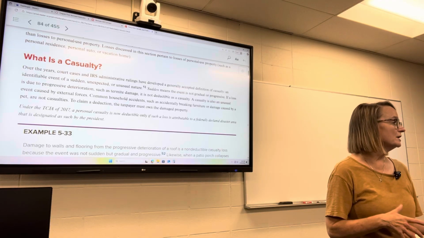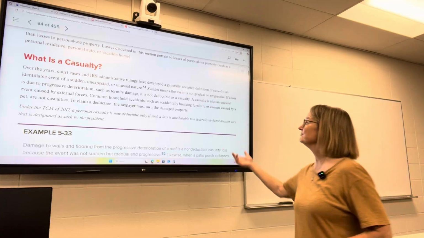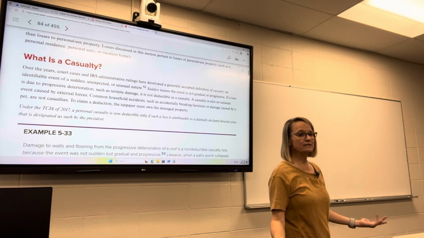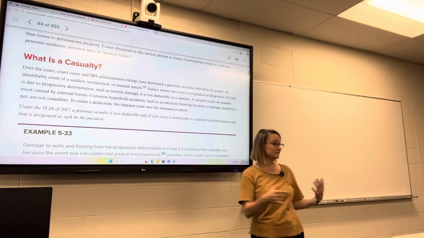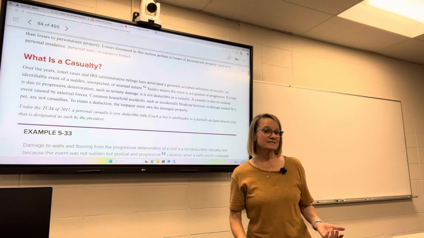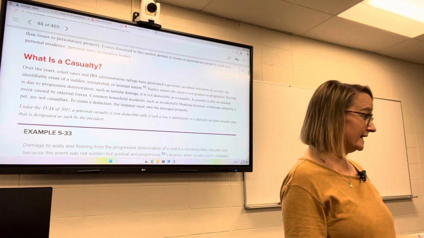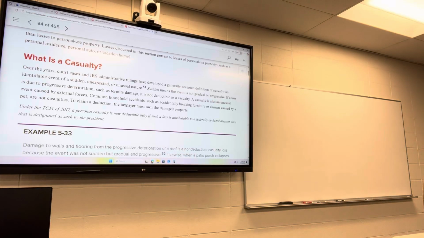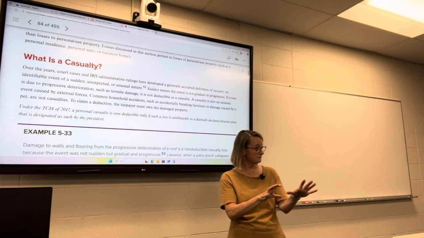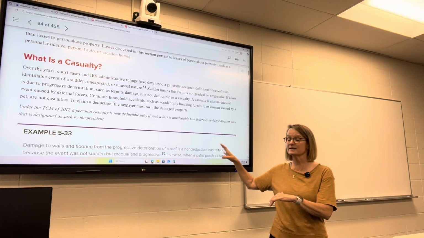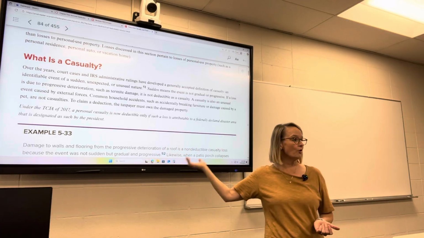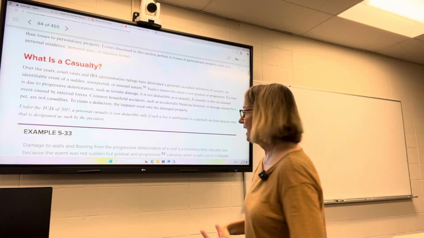And so therefore, even if it was sudden, unexpected, and unusual in nature, it's not classified as a casualty loss because there was no federally declared disaster in that area. Now, if the fire occurred as a result of a gas leak because of a hurricane that hit, and it is part now of a federally declared disaster area, well, now it does count. It would be included as a casualty that would potentially be eligible for a deductible loss as an itemized deduction.